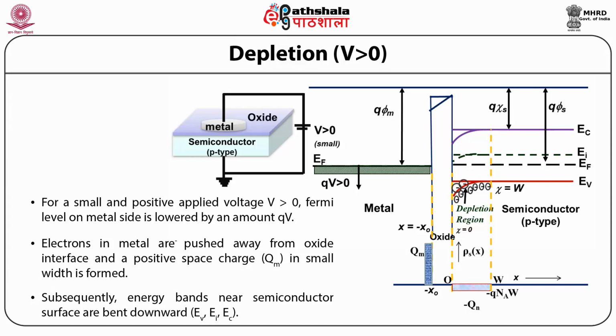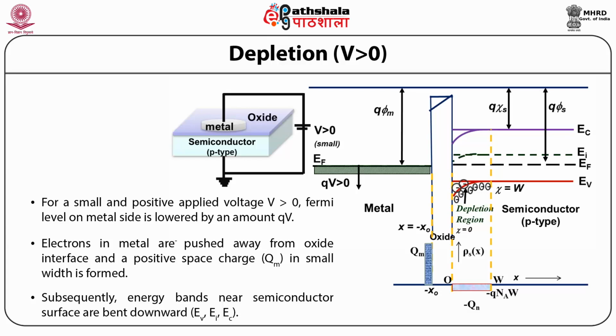Therefore, a depletion region forms in the semiconductor near the interface, having mainly negatively charged acceptor ions, Na. This is known as the depletion condition, and the schematic under this biasing condition is shown in the figure on the right-hand side, and the energy band diagram is also shown over here.